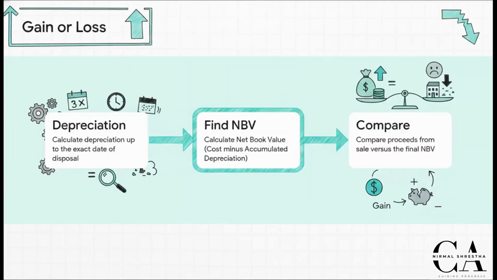To figure out if we made an accounting profit or a loss on the disposal, we follow 3 super simple steps. First, calculate the depreciation right up to the exact date you get rid of it. Second, use that to find its final net book value. Third, and most importantly, compare what you got for the asset against that final NBV. If your proceeds are higher than the NBV, you've got yourself a gain. If they're lower, you're taking a loss.